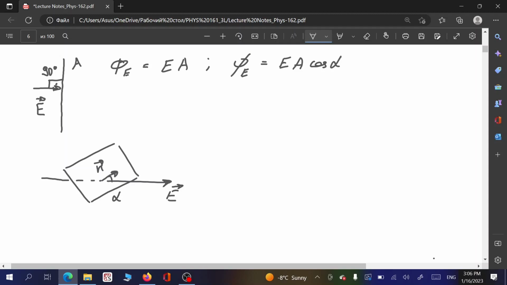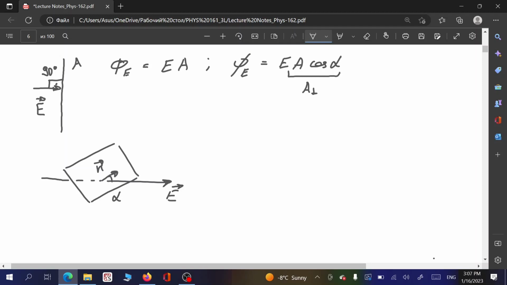So this part can be considered as the equivalent of this surface in the direction perpendicular to the electric field vector. So that is the general definition of how we determine the flux of electric field.